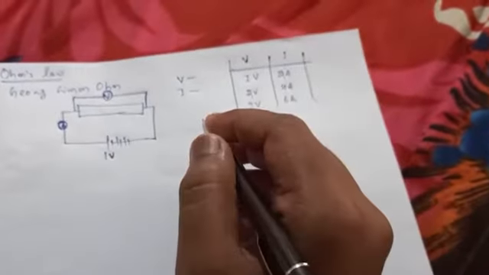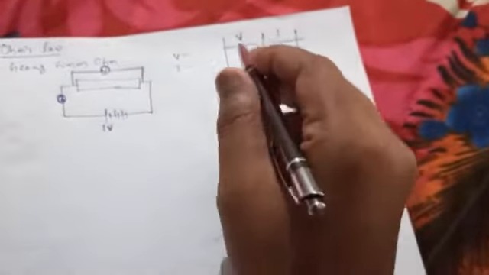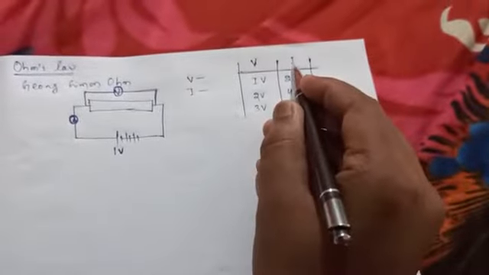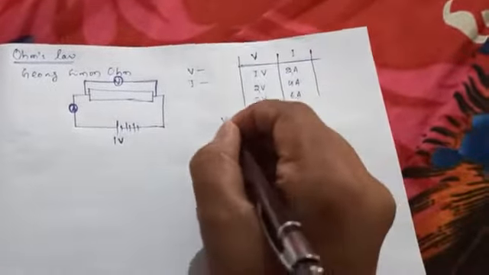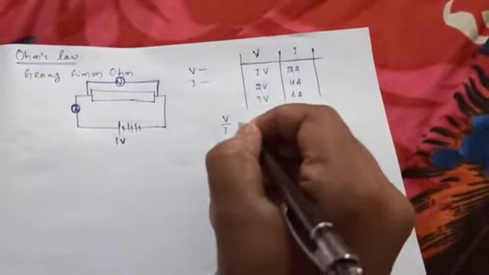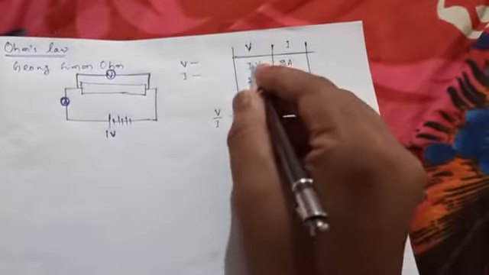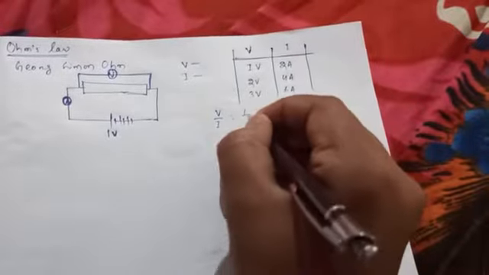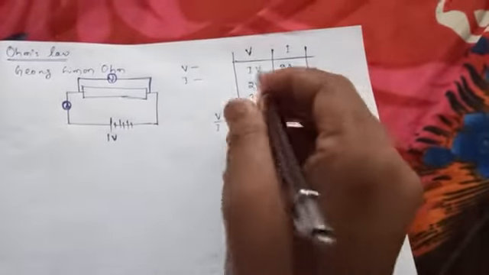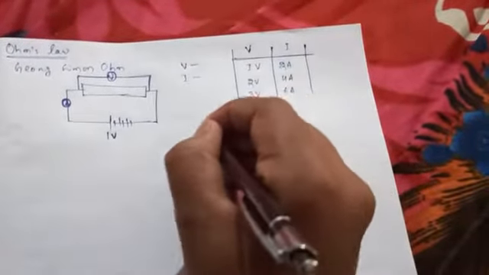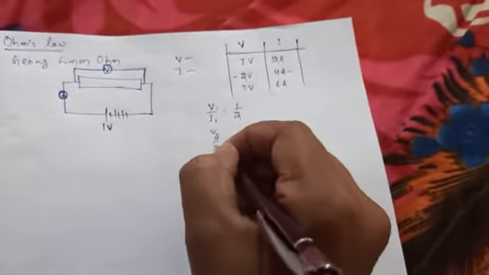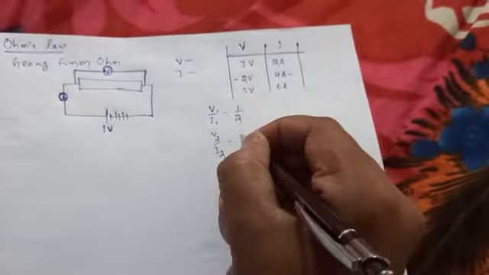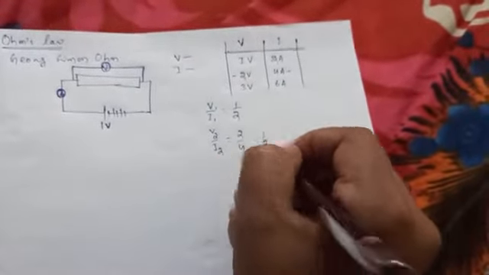So now he tries to find the relation between voltage and current. He gets that V by I is always constant. Here V1 by I1 is 1 by 2. Now V2 by I2 equals 2 by 4, also 1 by 2.